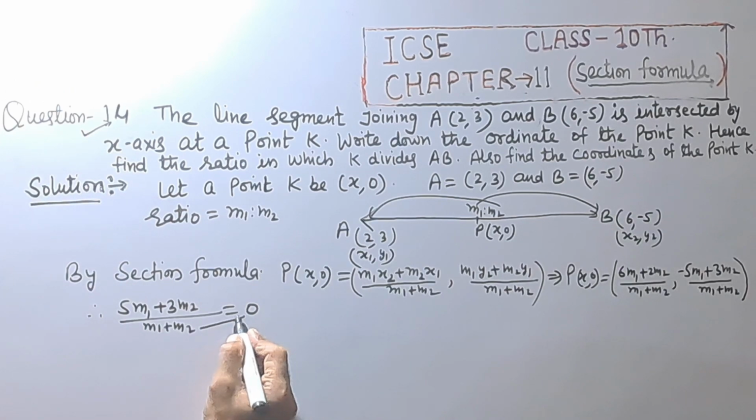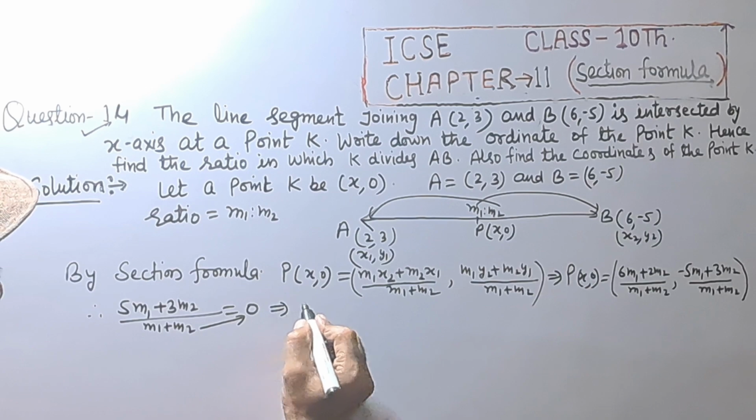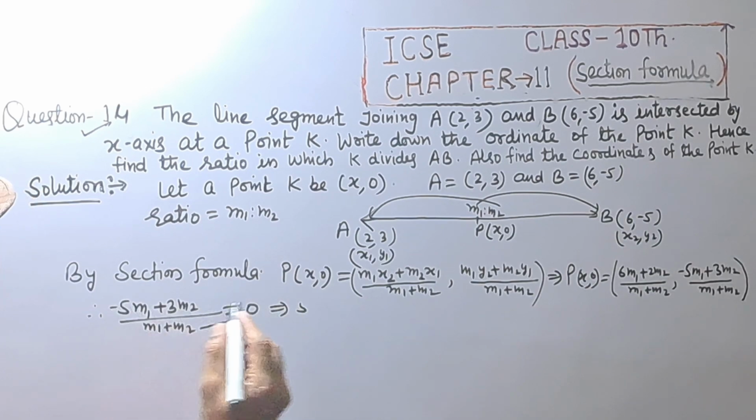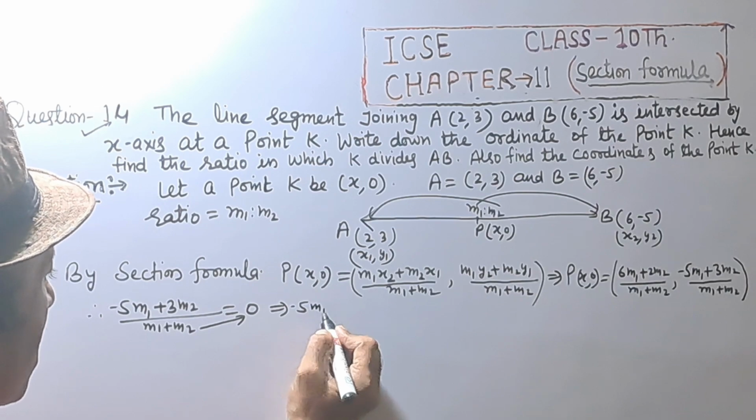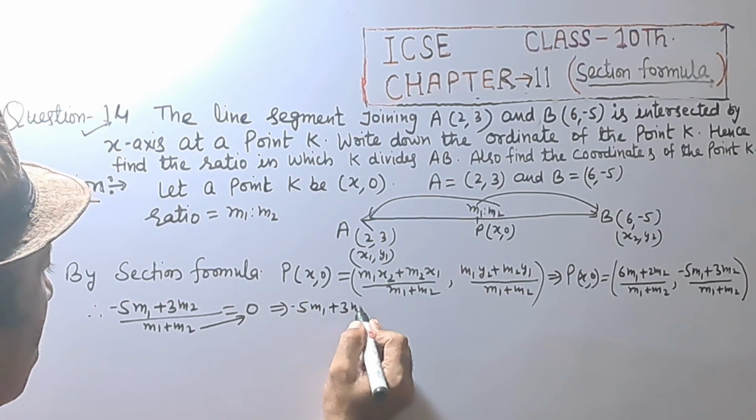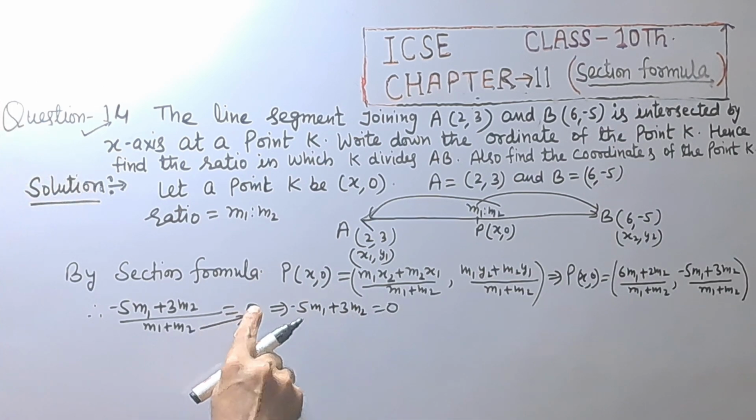And (M1 plus M2) multiplying 0, right hand side will be 0 and -5 M1 plus 3 M2 is equal to 0.